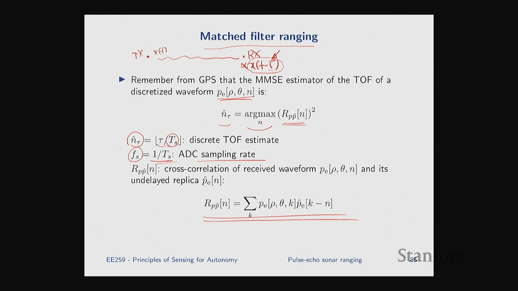It's unbiased, and it's much less sensitive to the angle of arrival or the range of your target. It doesn't have all those drawbacks of simple threshold-based detection. But note that one thing that is still a source of error, even with matched filtering, is that because of the physics of acoustic waves, your waves get distorted.